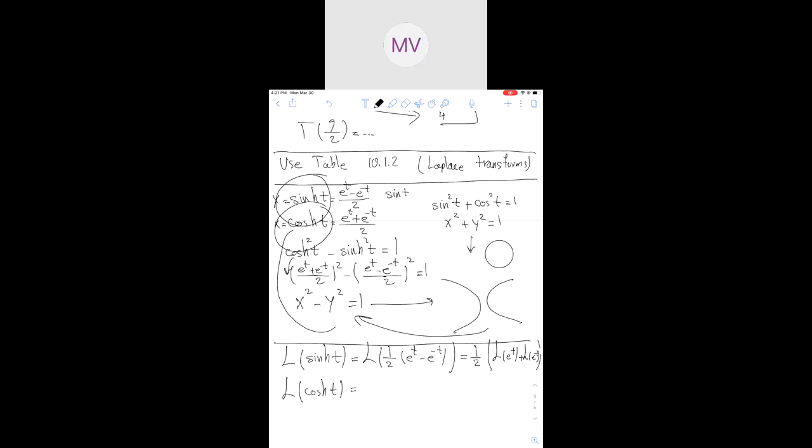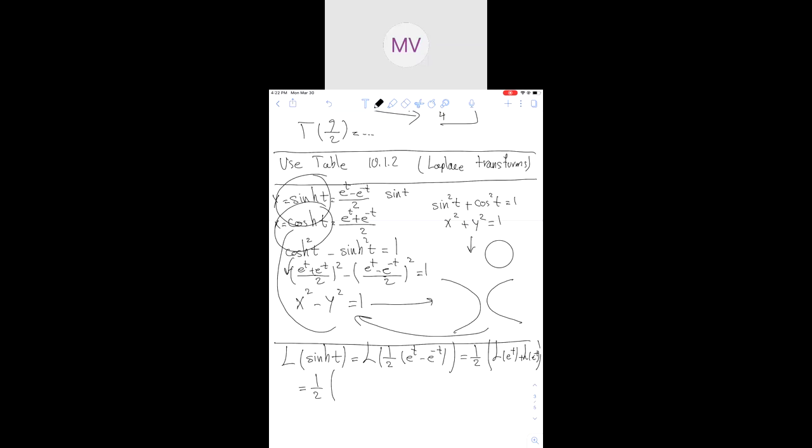Okay? Let me erase this for now. Equals half. All right. Now you can have that table in front of you. So what is Laplace of e to the t, guys?